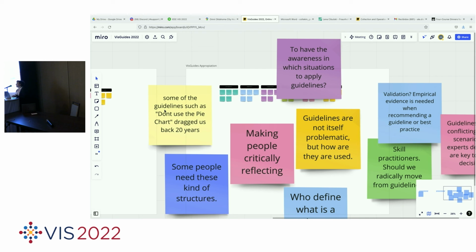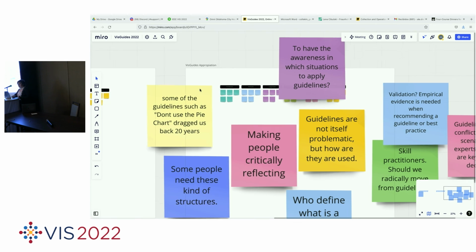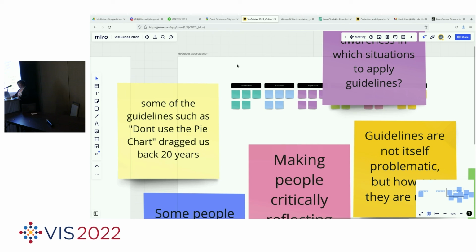So some of the guidelines that we are using do more harm than good. We discussed many other reasons why, but maybe the main reason, as Paul said, is because of the appropriation of these guidelines. So I changed the name of the group to VisGuides Appropriation, that at least I can pronounce.